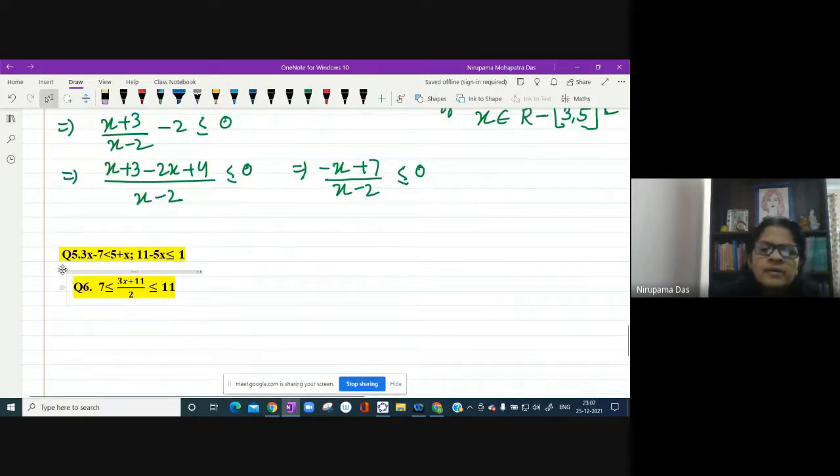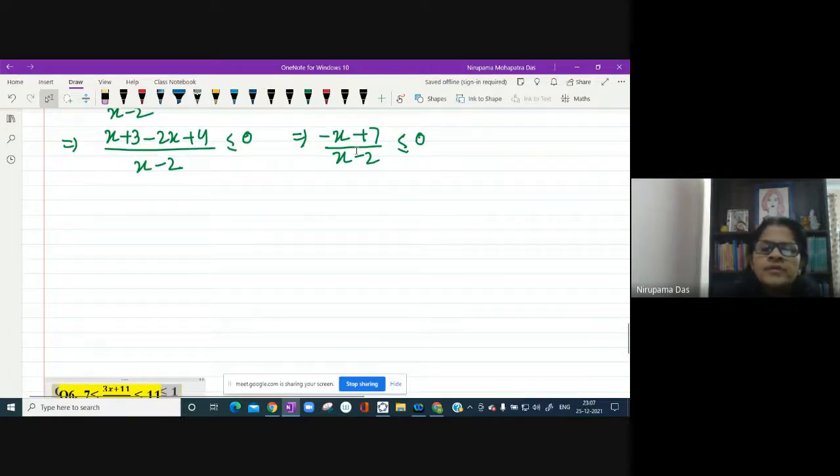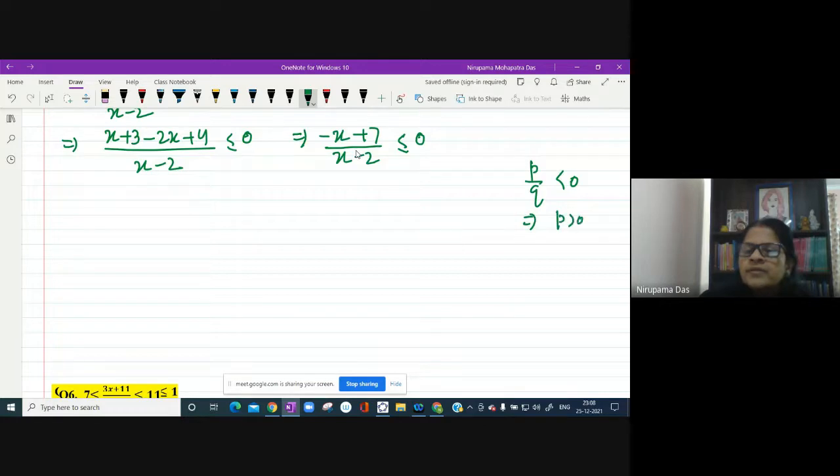So if the fraction, the rational number, is negative, then numerator and denominator should be of opposite sign. If I write p/q negative, it implies p greater than 0, q less than 0, or p less than 0, q greater than 0.